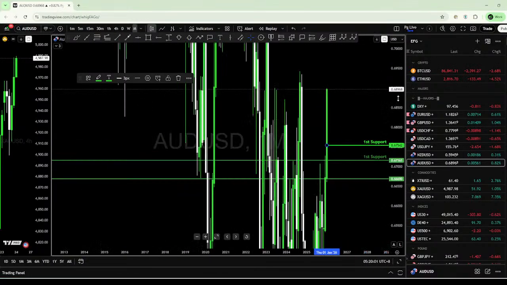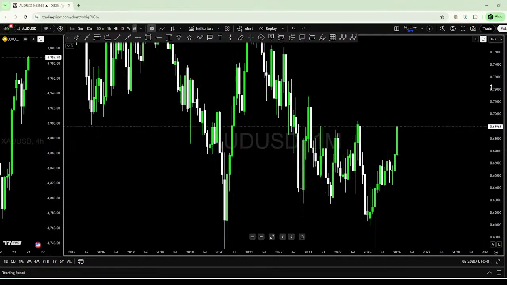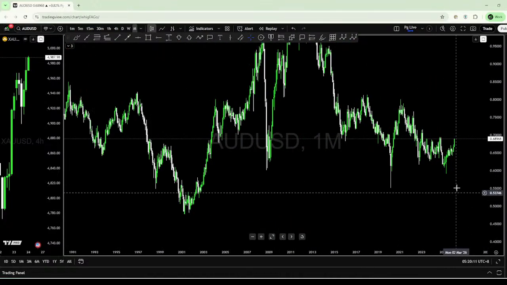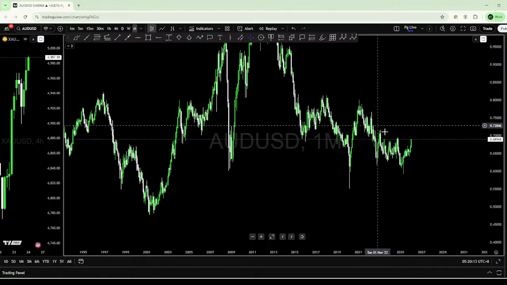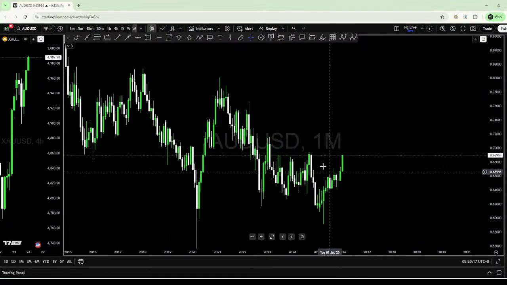I'm going to look at the higher time frame first. I'm going to move everything first based on the monthly time frame. Of course, we see that the structure is still bearish.